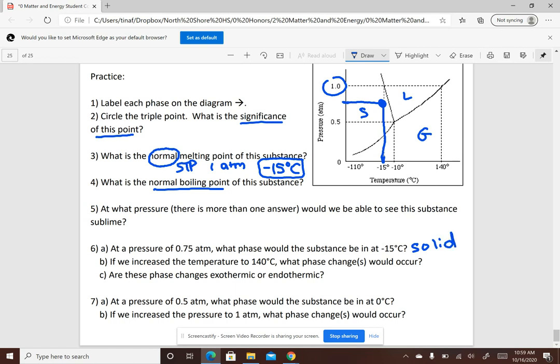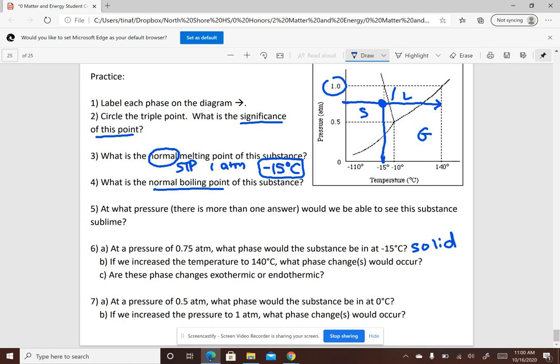Okay. Now for B, it says if we increase the temperature to 140, so to increase the temperature, that means my spot that I just drew would be moving over here to 140 degrees Celsius. What phase changes would occur? So you want to look at what lines you passed.